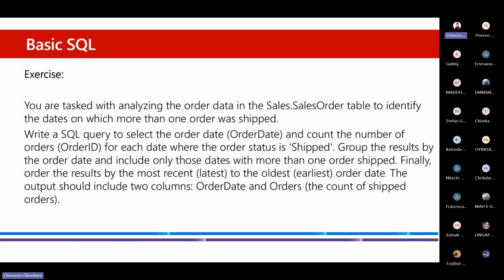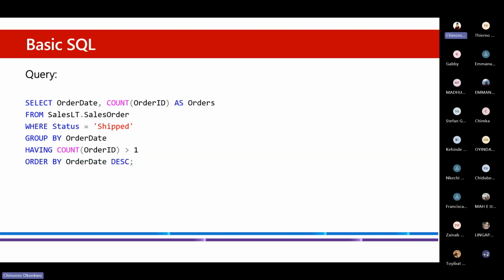That is your unique identifier. No two orders have the same order ID. So that's why I'm using COUNT of order ID. I'm counting the number of orders. And I want the new column to come as orders. When I see that order date, I will see orders there.